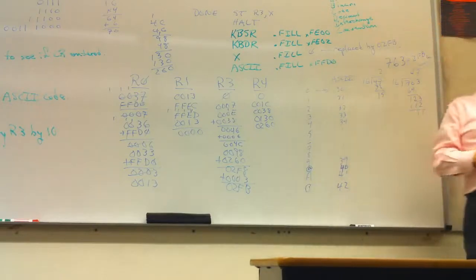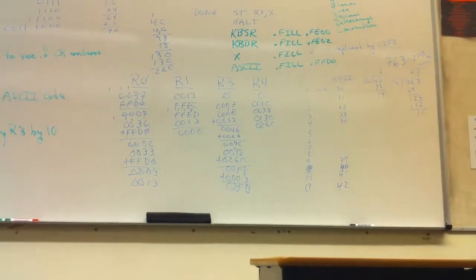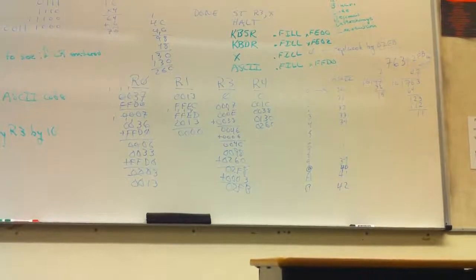EBCDIC. This was developed by Big Blue, IBM. A lot of their computers in the 60s and into the 70s used terminals that used this particular coding, which was different.